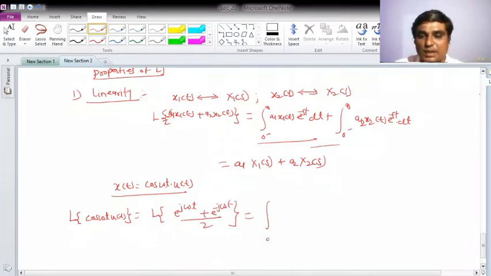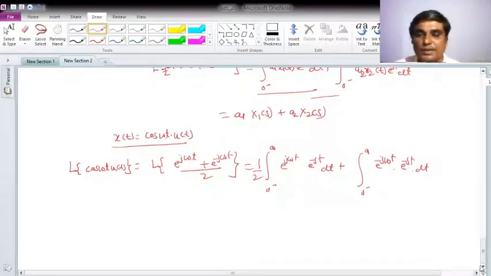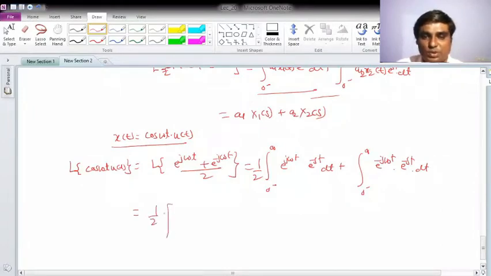And I'll use the definition: 1 over 2 outside, the integral from 0 negative to infinity of e raised to j omega t, because of u of t, times e raised to minus st dt, plus the integral from 0 negative to infinity of e raised to minus j omega t into e raised to minus st dt. Then I'll do some substitution, so it will be e raised to minus (s minus j omega) t, am I right?